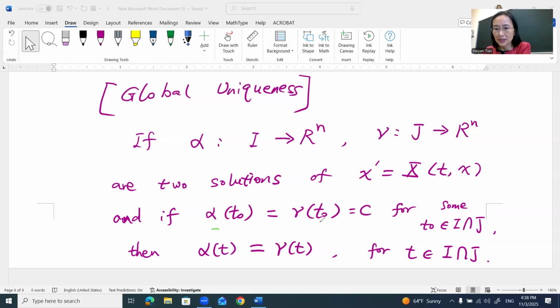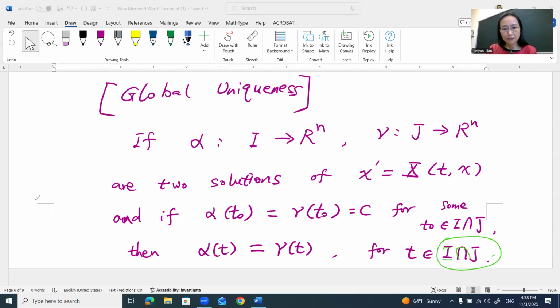So if they both satisfy the initial value problem, then with the same assumption, we can show that alpha is identical to gamma. The two solutions should be the same, and they are identical over the intersection of I and J.